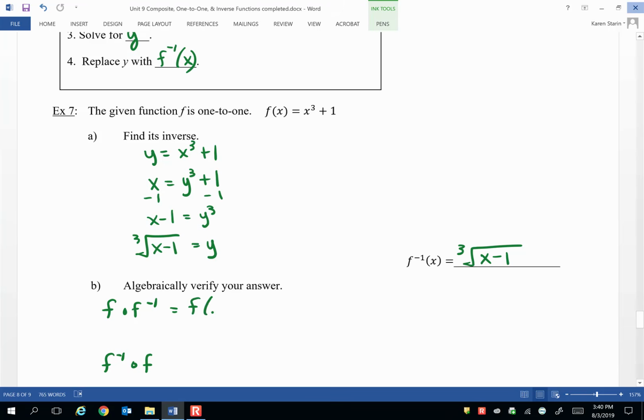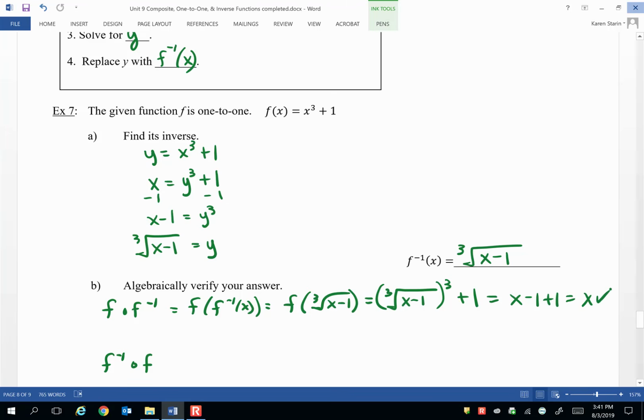So f of f inverse of x is, we will take f of the cube root of x minus 1, and that just means wherever in f we see an x, we're going to replace it with the cube root of x minus 1. So we're going to get the cube root of x minus 1, cubed, plus 1. Well, that will be x minus 1 plus 1 equals x. So that's good in that direction.